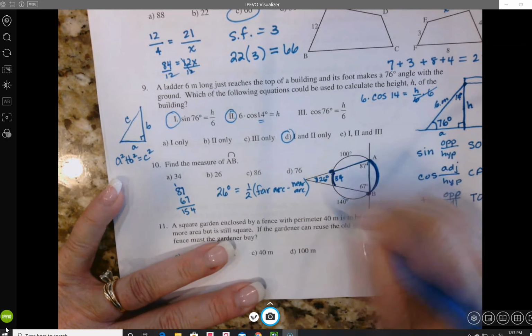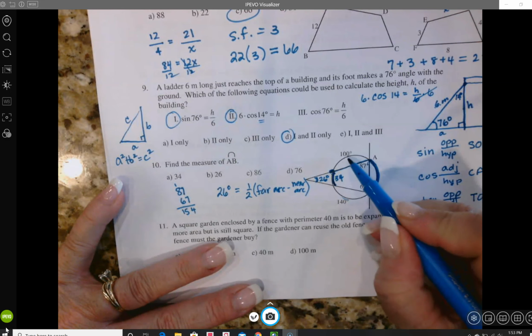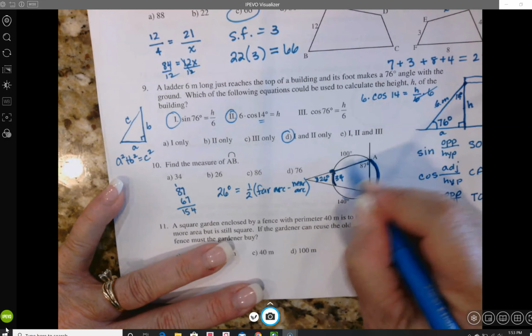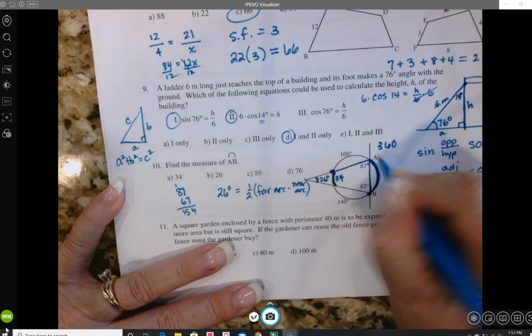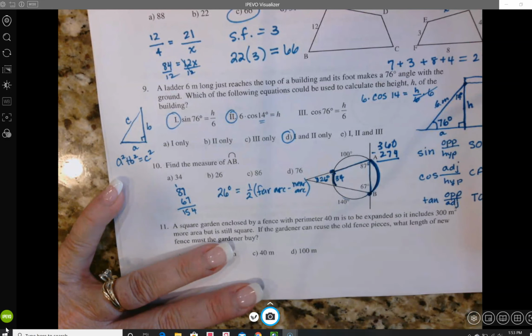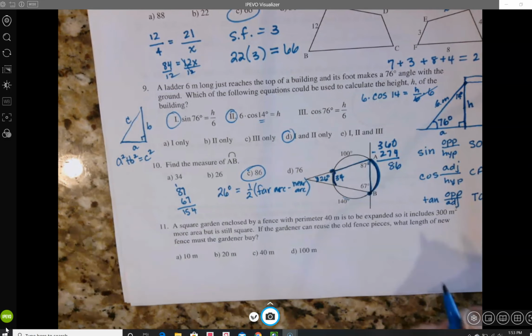I just know that the whole circle is going to add up to 360. So right now I've got 100, 140, which is 240, plus 34. So I've got 274 degrees accounted for, and it's just this little piece that is missing. So if I do 360 minus 274, I get 86, which is the correct answer.